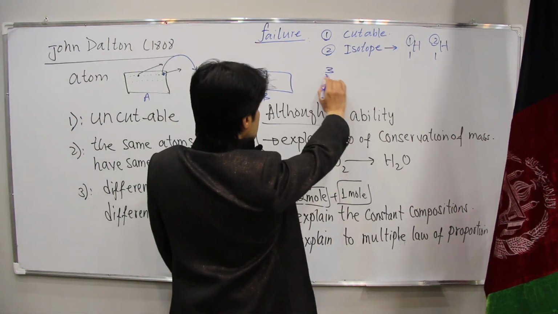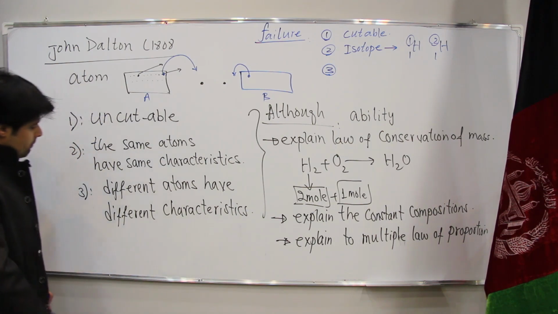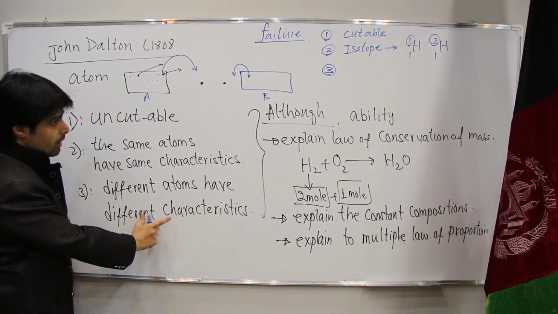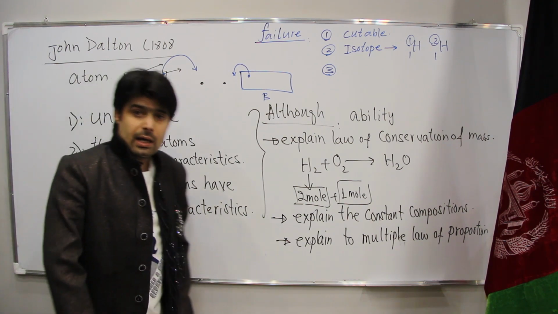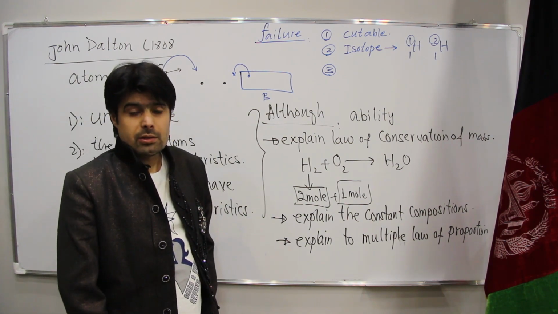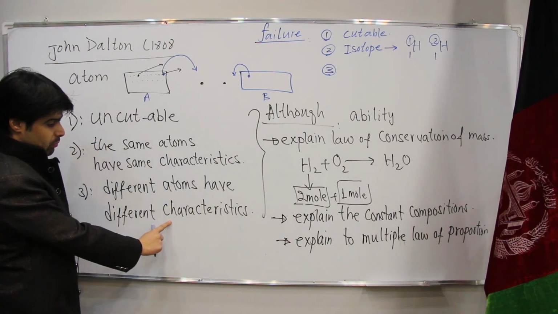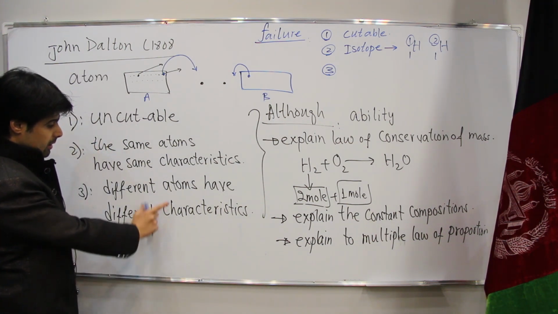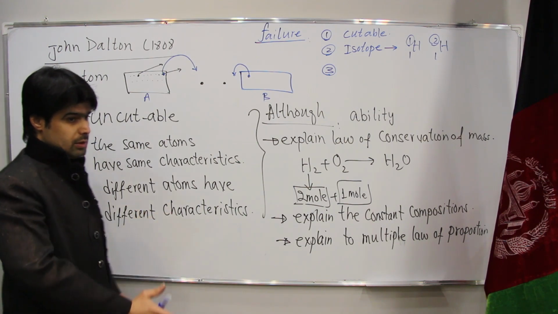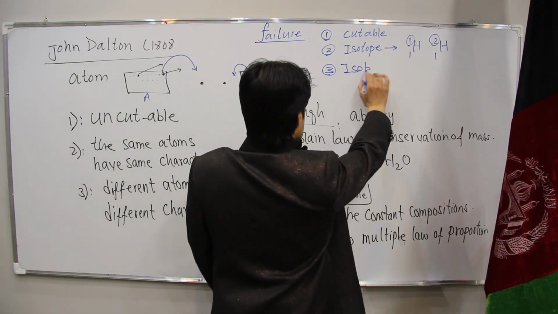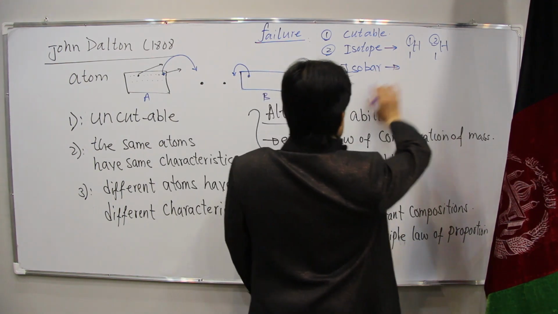The third one: he said different atoms have different characteristics. Now we have different atoms but the same characteristic. He said different characteristic, but now we can find that different atoms have the same characteristic. Like what? In the part on isobars, we will study, inshallah.